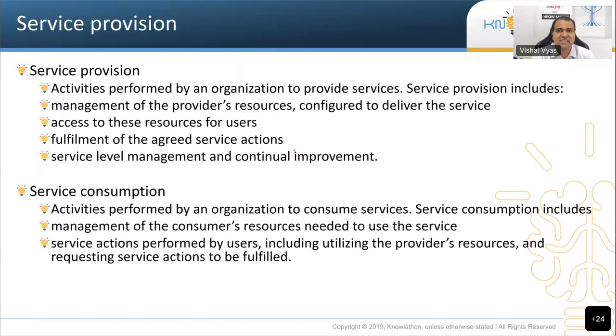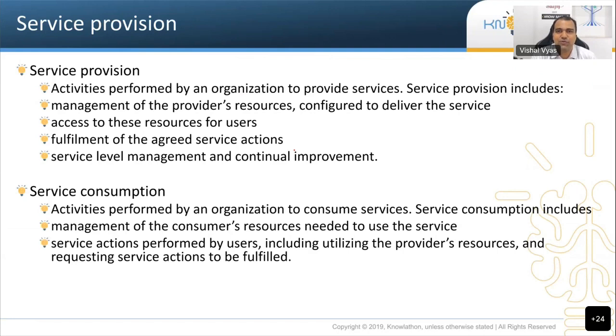But then there is service consumption. Service consumption is activities performed by an organization to consume service. Service consumption includes management of consumers' resources, like management of your passport. Will the airline take care of your passport? You are responsible for it. You have to produce the passport when they ask for it.